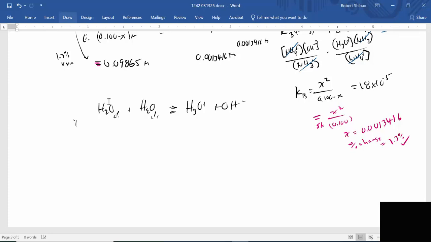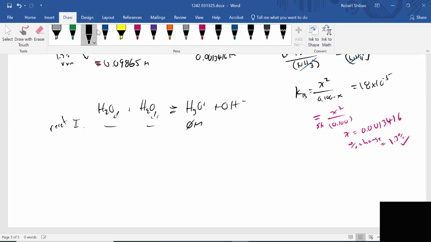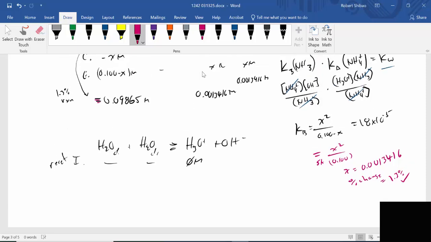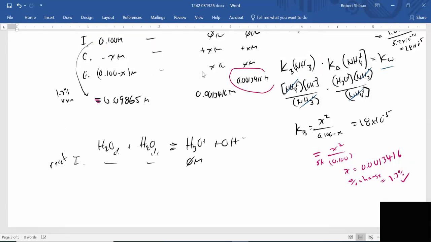The common ion here is going to be hydroxide. Hydronium we're going to reset. And then what I'm going to do is take the hydroxide produced in step 1 and bring it down to step 2. So this is the hydroxide from step 1.